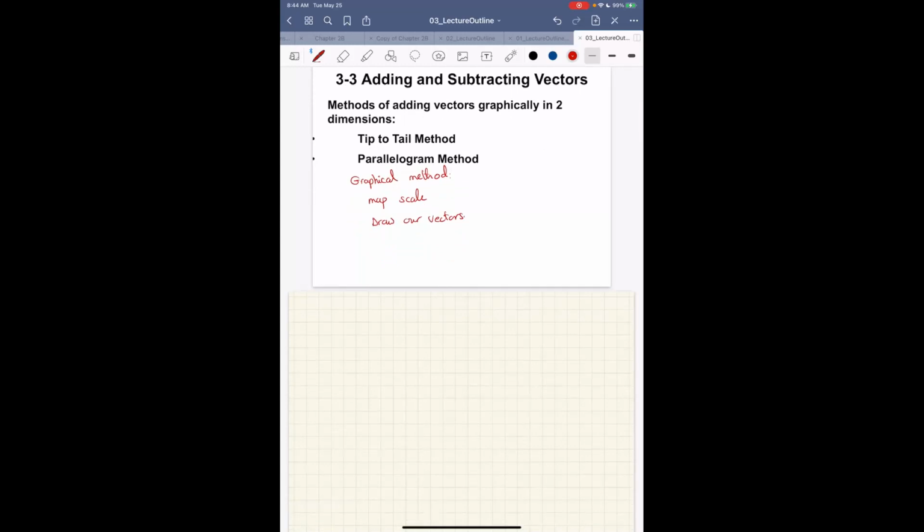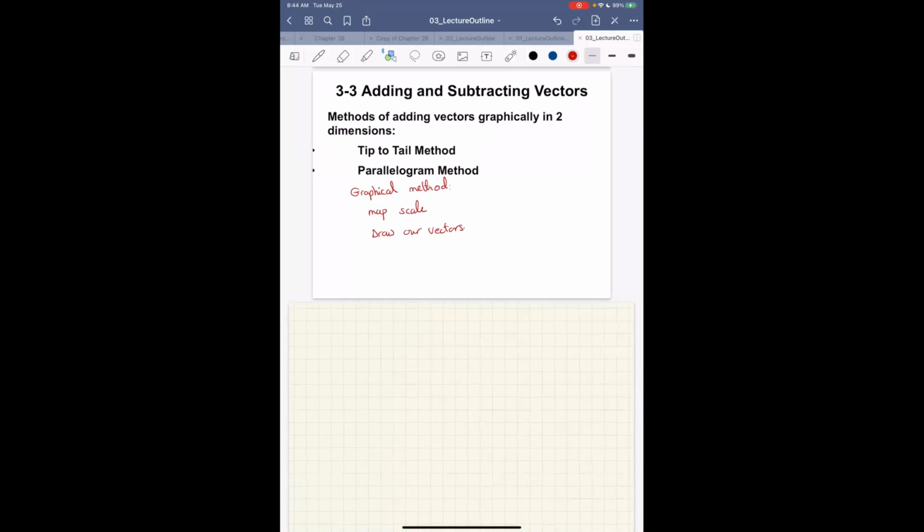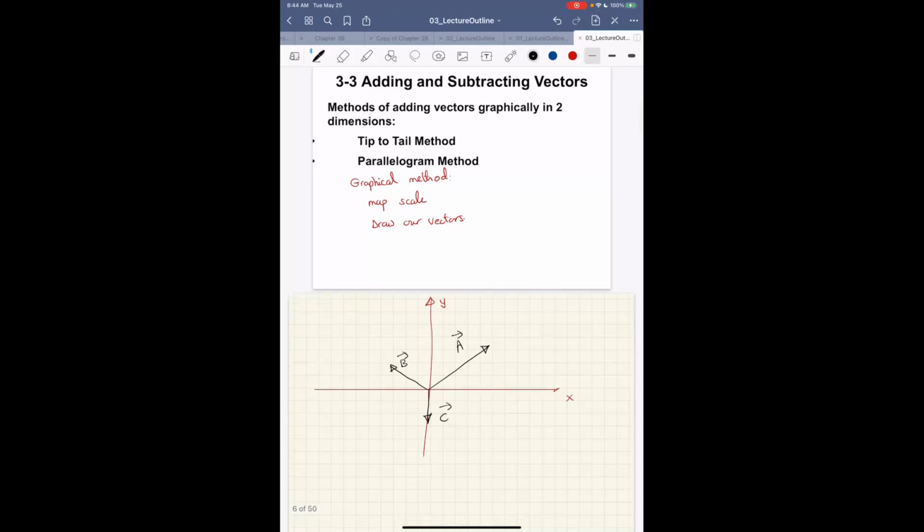Let's assume I have my axes here, X and Y. I have a vector A like this, and I have B like this. Let's assume I have C along here.